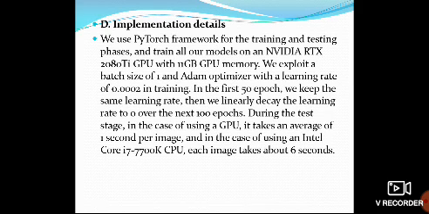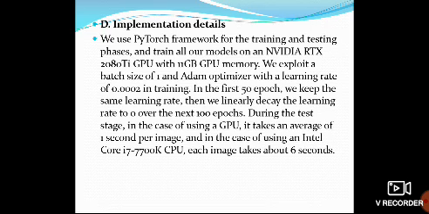Implementation details: we use the PyTorch framework for the training and testing phases and train all the modules on an NVIDIA RTX with 11 GB GPU memory. We use a batch size of 1 and the Adam optimizer with a learning rate of 0.0002 in training.